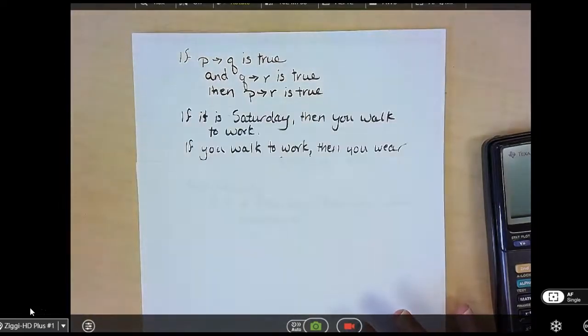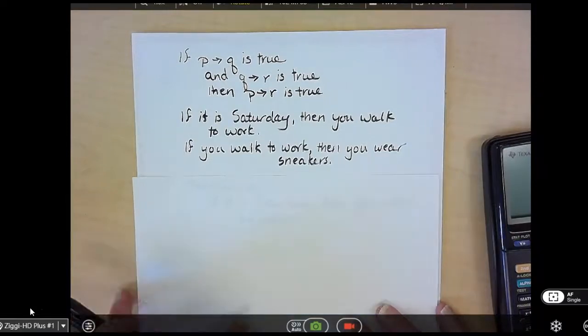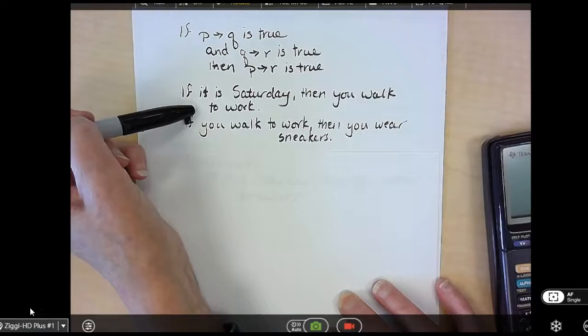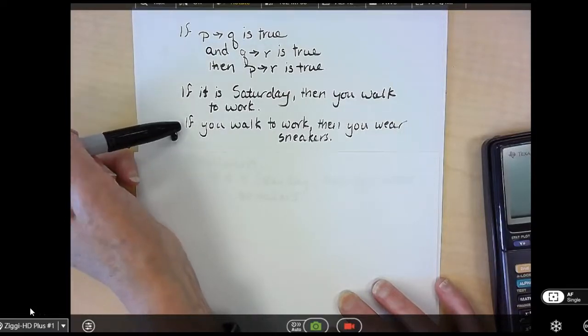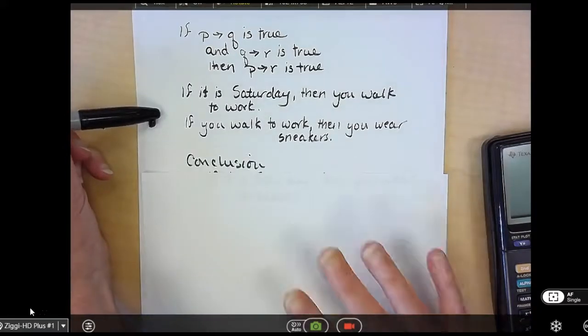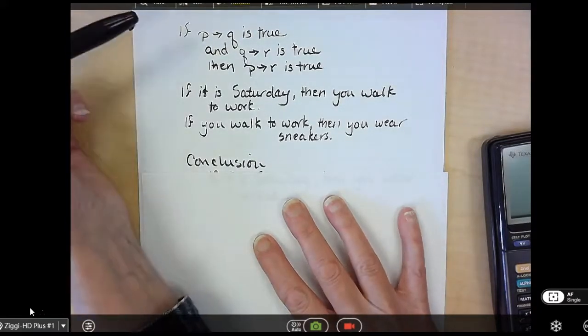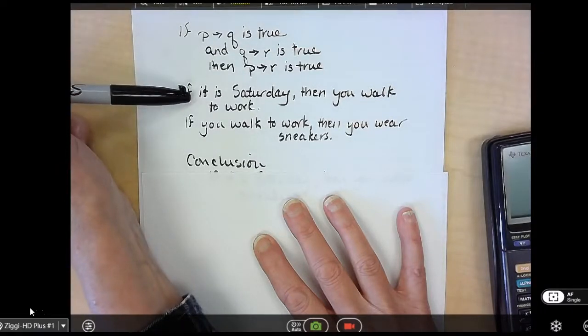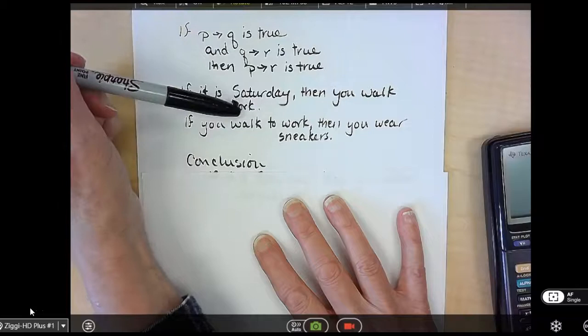So let's look at an example of that. If it is Saturday, then you walk to work. That's given to you. Second given statement, if you walk to work, then you wear sneakers. So now you're supposed to make a conclusion from that. So you already have this, it is Saturday, you walk to work being a true statement.